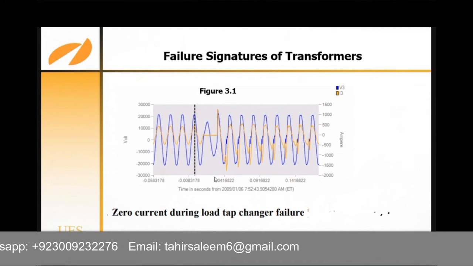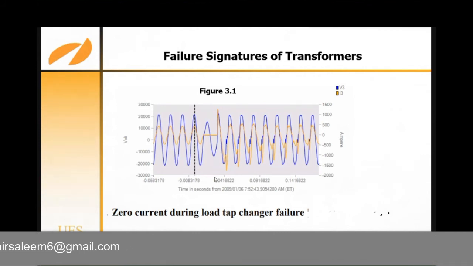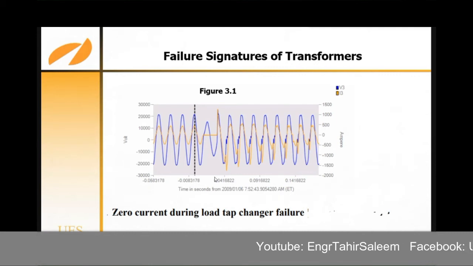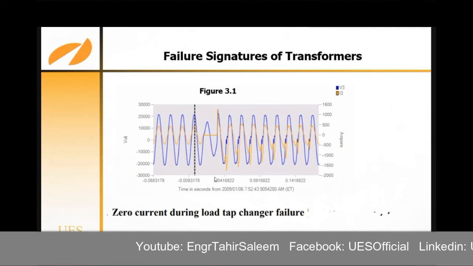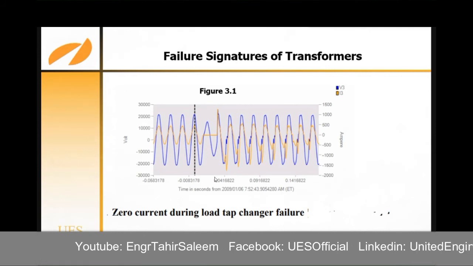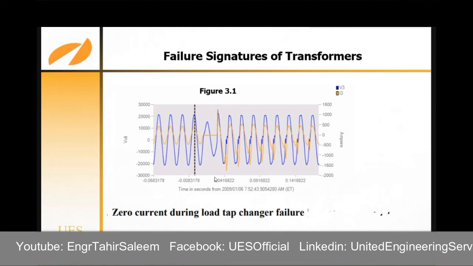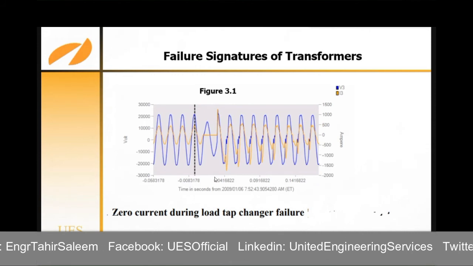If this maintenance had not been scheduled, you wouldn't have been able to find the root cause of this incipient fault, and that would have led to a permanent failure of the transformer, just because of a very small part, a pin that was shearing and had a loose connection that caused arcing.